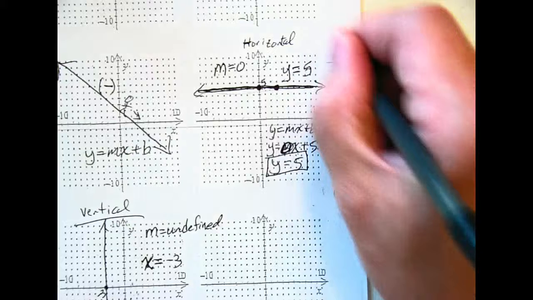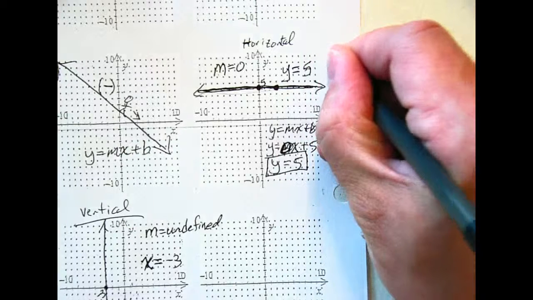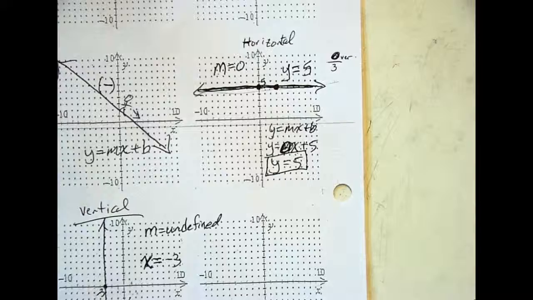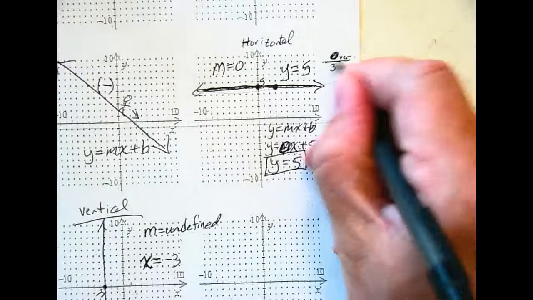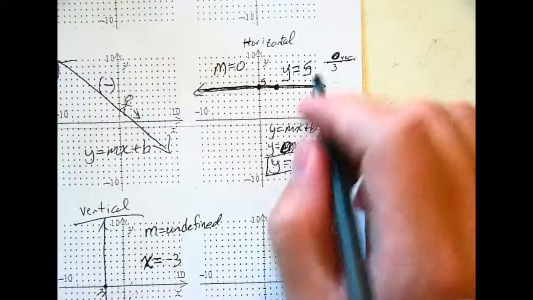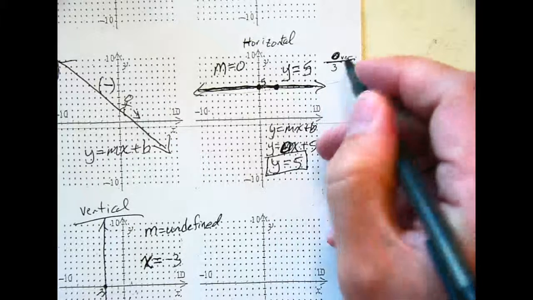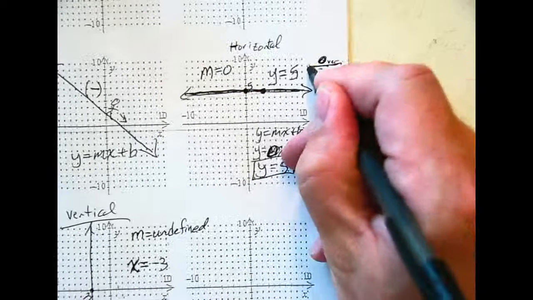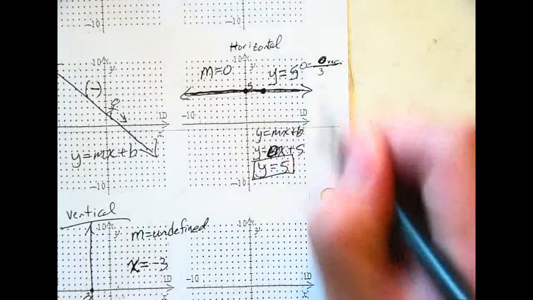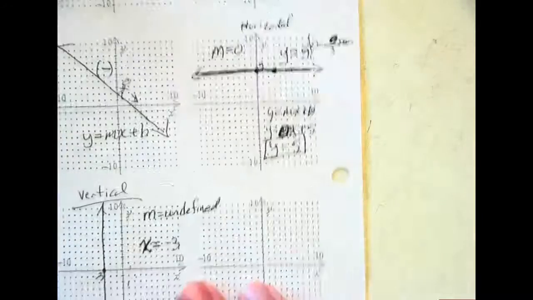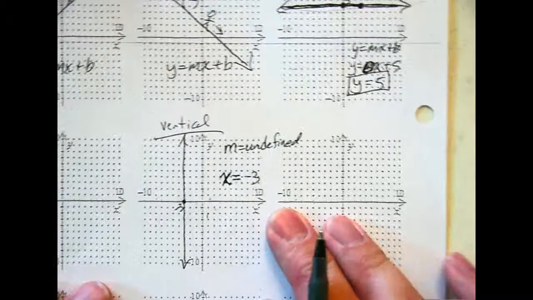If 0 is over the fraction bar, the answer is 0. I will guarantee at some point you're going to want to know this year. If 0 is over the fraction bar, the answer is 0. That is a 0 slope.